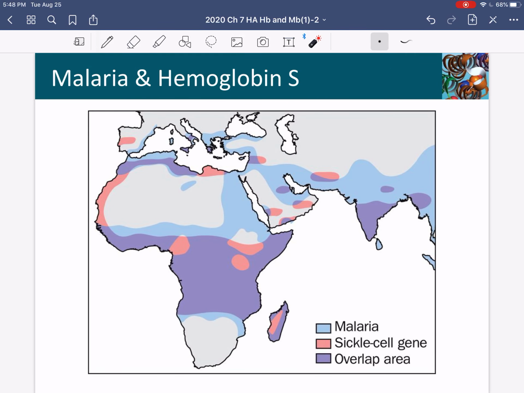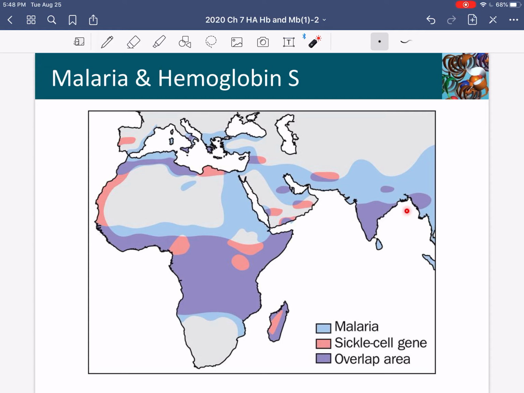Now, where did this mutation come from, and why is it so prevalent? It came from the disease malaria, which is caused by a parasite that is prevalent in tropical climates.